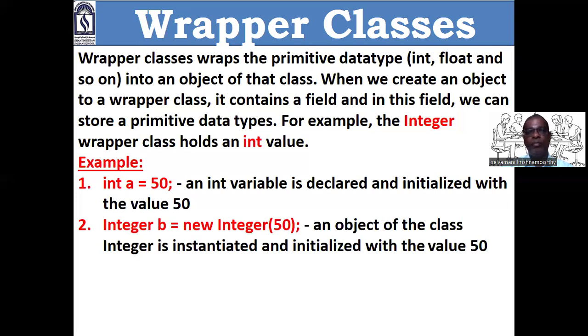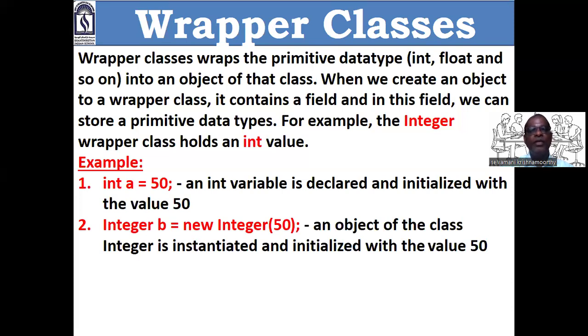Am I right? Wrapper classes wrap the primitive data types, all primitive data types, into an object of that class. Is it clear? Good. That means each and every individual primitive data type has its own wrapper class.